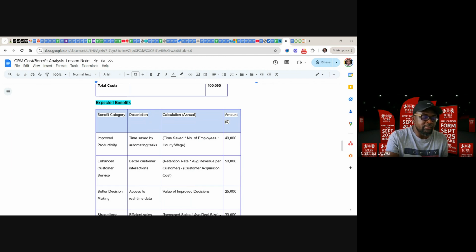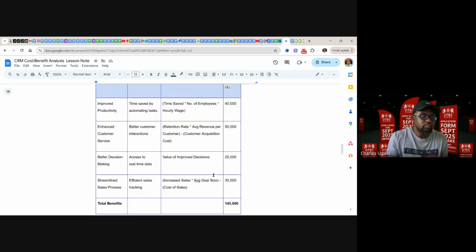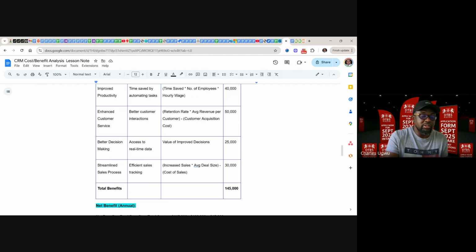And then we'll have better decision making, access to real-time data, value of improved decisions. You can say this is just guesswork. Say, let's apportion 25,000 to this. But this is very difficult to monetize.